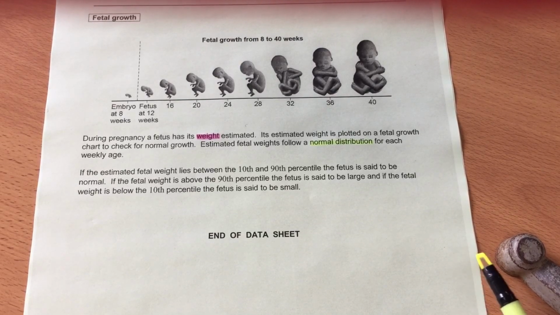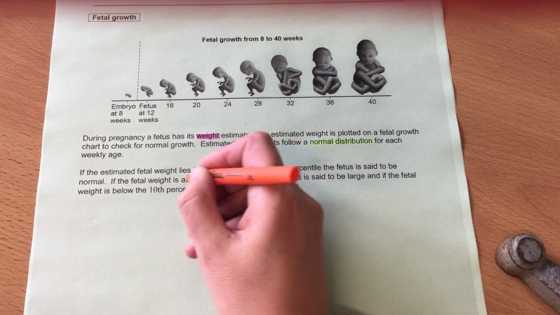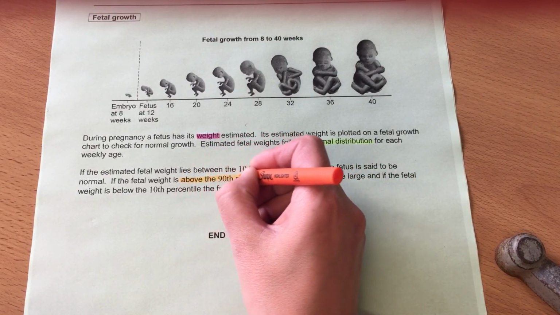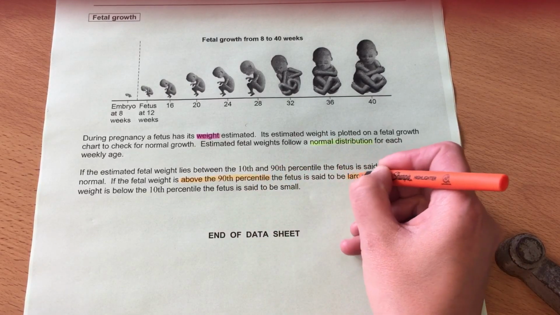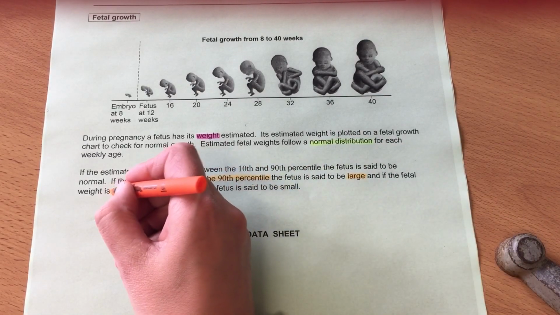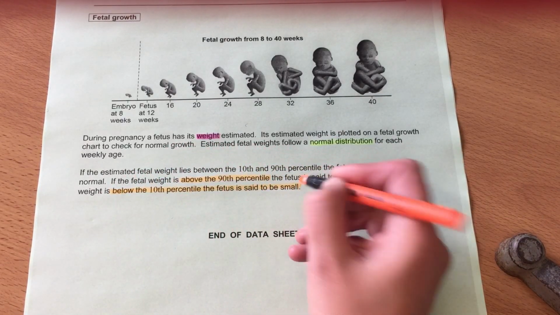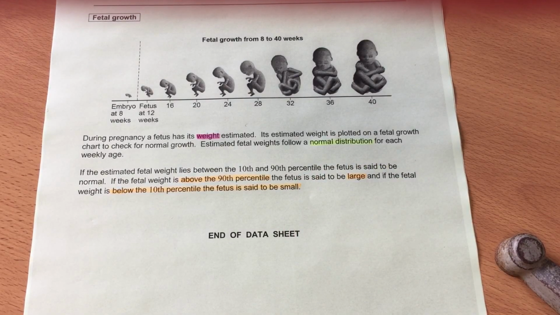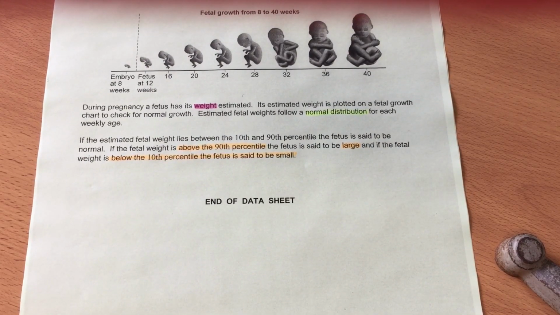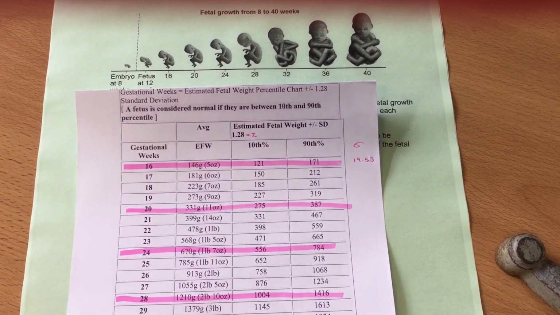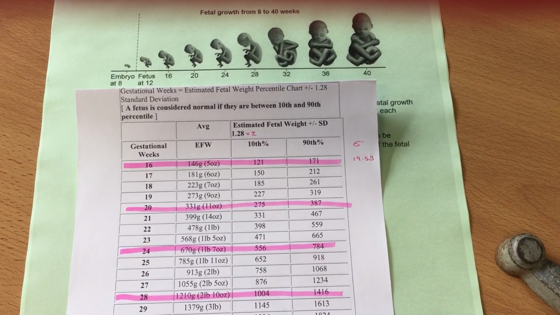We are also told that if a child is above the 90th percentile, it's large, and if it's below the 10th percentile, then it's small. So, realistically, a fairly quick search of the internet gave up this information.